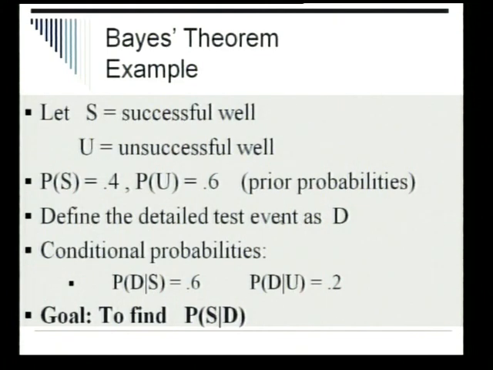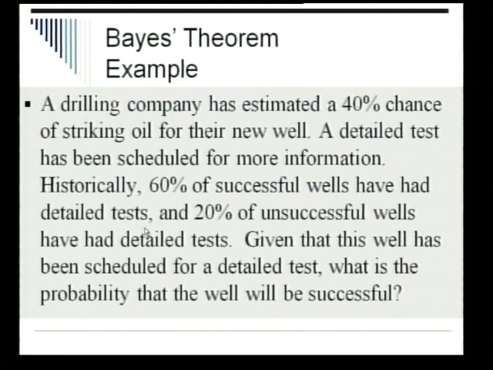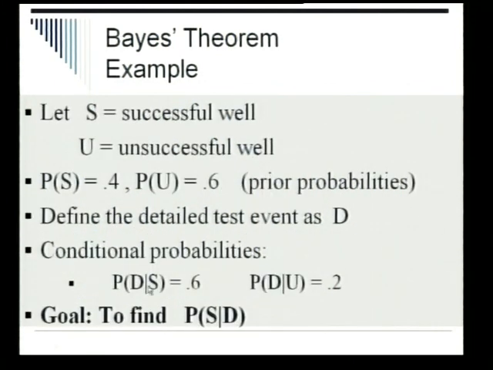We define another event, the detailed test event D. So the conditional probabilities are given: 60% of the successful wells have had a detailed test. Therefore D given S, the condition that the well is successful has already occurred, and probability of D given S is 0.6.